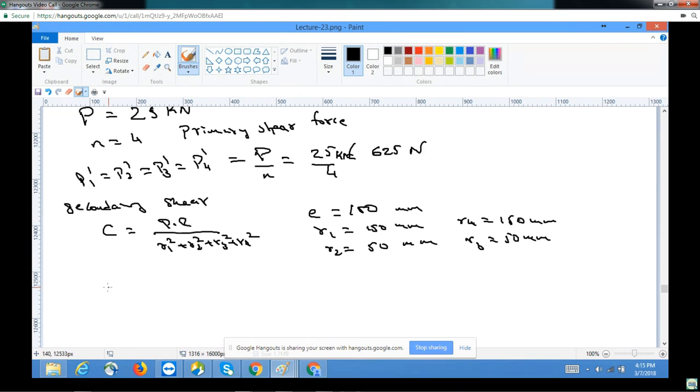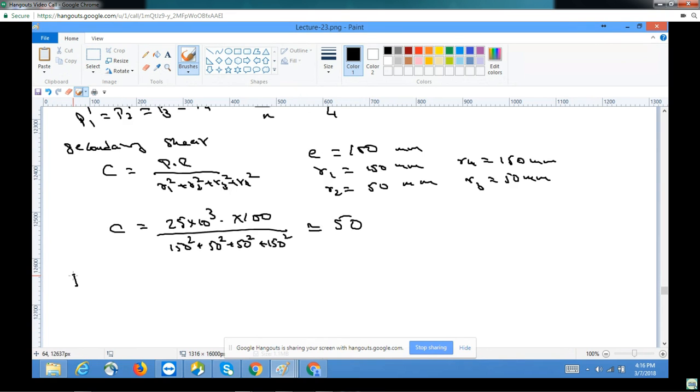So if you put it back, C can be written as 25 times 10 to the power 3 into 100 divided by 150 whole square plus 50 whole square plus 50 whole square plus 150 whole square. This happens to be 50.